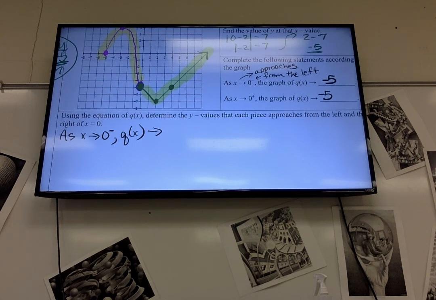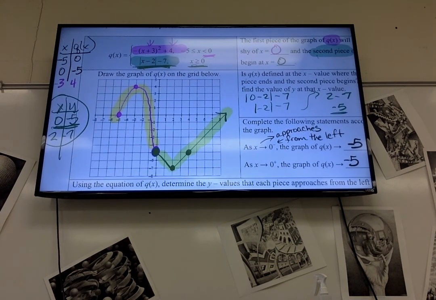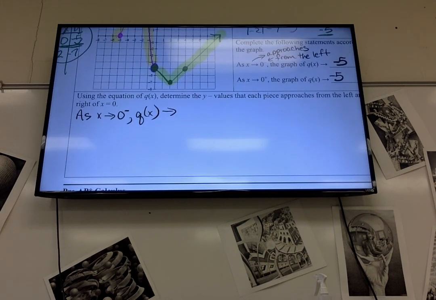Because up here, this pink equation, see how the x is to the left of 0? So that means that's the equation that goes to the left of 0. So q of x approaches that pink equation, which was (negative x plus 3) squared plus 4, so that'd be (0 plus 3) squared plus 4.